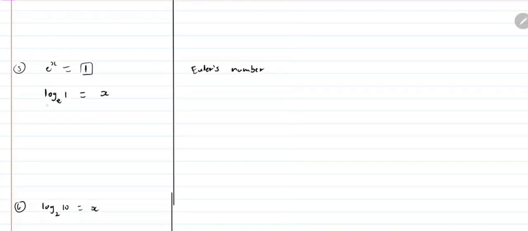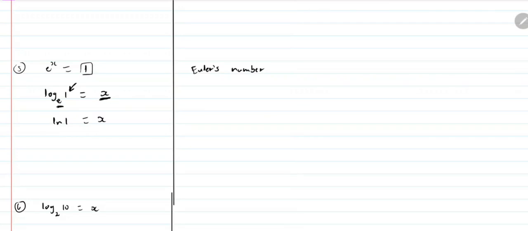But there's something special about log base e. Log base e is called a natural logarithm, and we normally use ln to represent a natural logarithm. So this log base e, I'm going to replace with ln. All right? So ln 1 is equal to x. Now I want you to ask yourself this: what is x going to be equal to? Well, e raised to what power is going to give me 1?